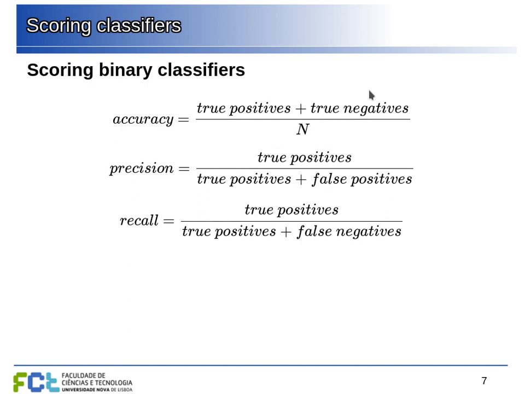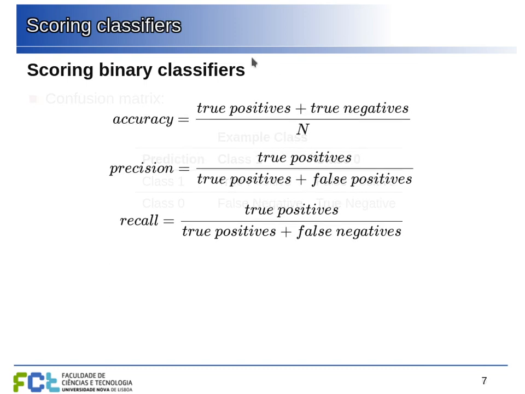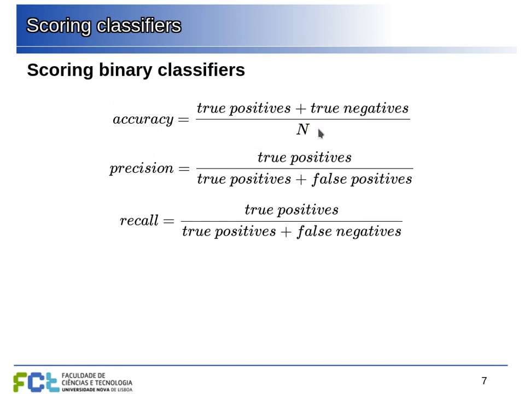For example, the accuracy is a very intuitive measure, which consists simply of adding the diagonal, which are the cases where our classifier is giving the right answer, and dividing by the total number of points. So basically, the true positives plus the true negatives divided by the size of the data set that we're using. This gives us the fraction of correctly classified examples.